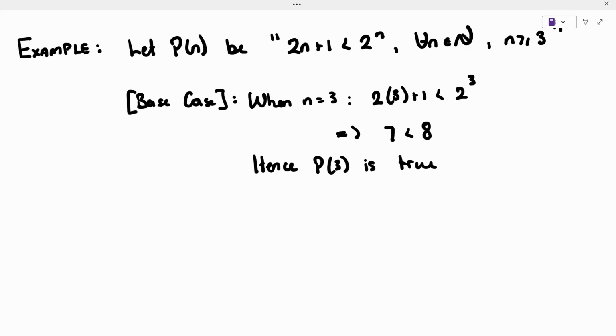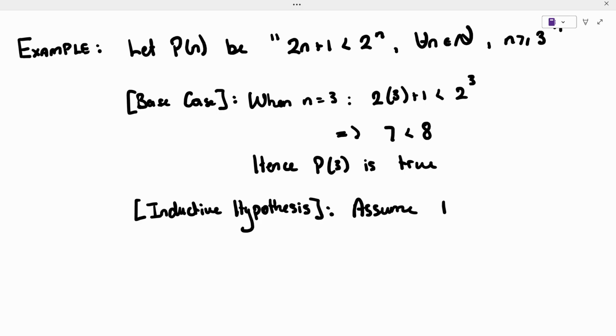So because that works, we could kind of assume, okay, if it works for our first case, let's assume it works for some arbitrary case, right? So this is your inductive hypothesis, which says assume P(k) is true.